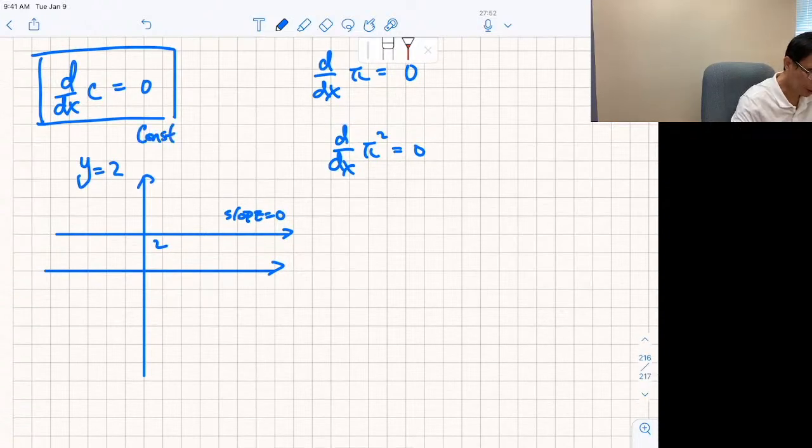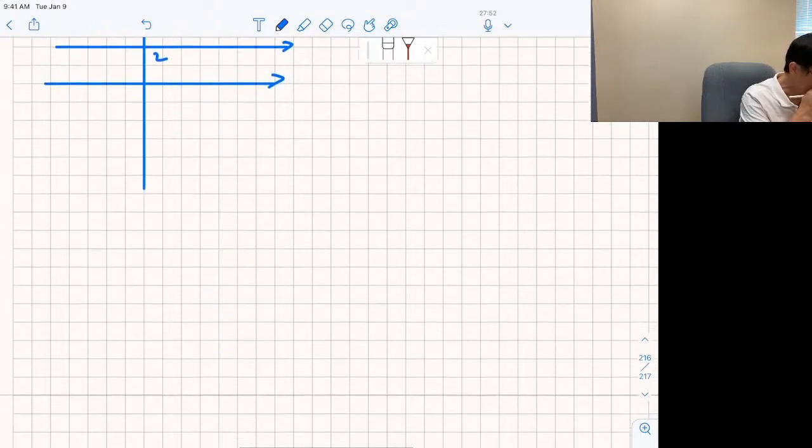No, sorry, the constant rule. Because the derivative of a flat line is always 0. So it's called the constant rule. Any number is 0. Any number.